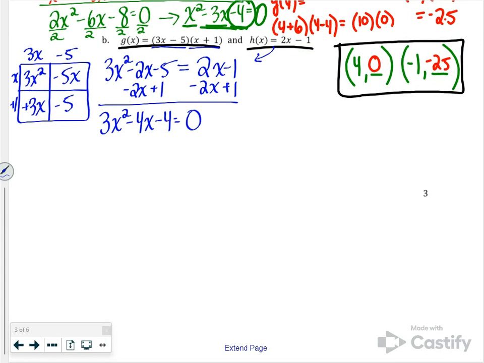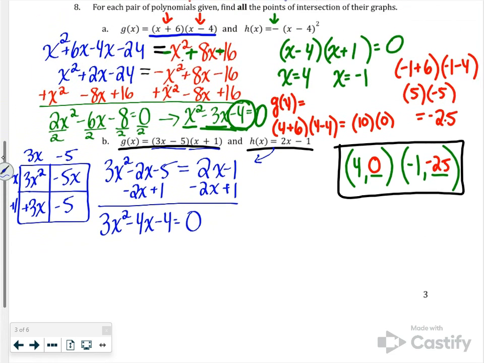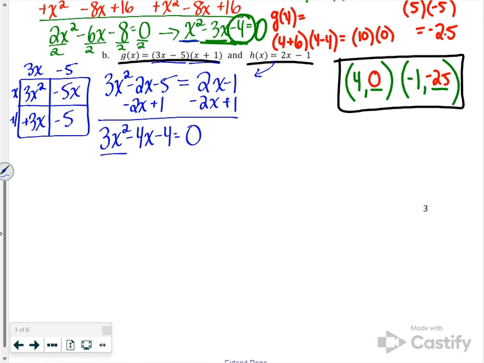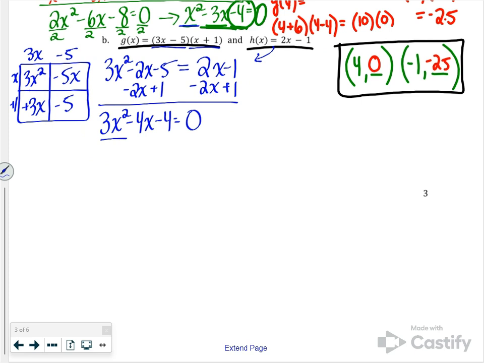So this is definitely a trickier problem than the last one, because to find the x values, we need to factor something with a 3x squared. And last time, we divided out a 2 to make it just 1x squared. But down here, notice that this is a 3x, and we're going to need to factor out polynomial. We know it will have a 3x squared.